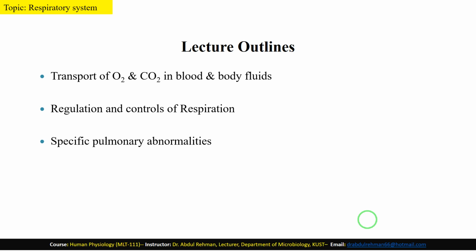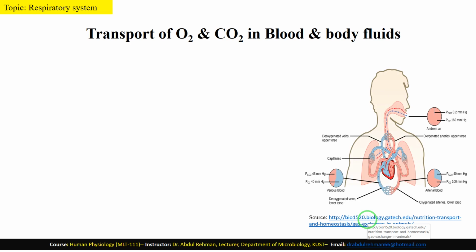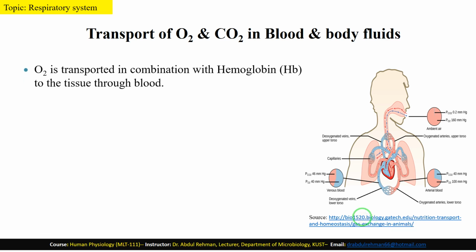Let's start our lecture today: transport of oxygen and carbon dioxide in blood and body fluid. In the transport of oxygen and carbon dioxide, the partial pressure of oxygen and carbon dioxide play a vital role. Oxygen is transported in combination with hemoglobin to the tissue through blood.